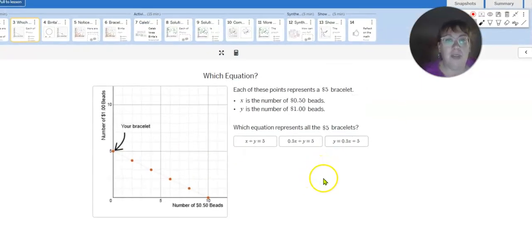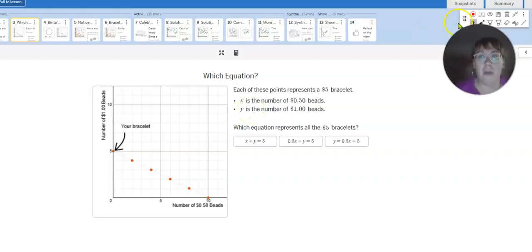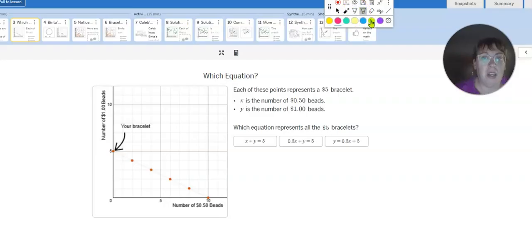It says each of these points represents a $5 bracelet. X is the number of black beads, Y is the number of basketball beads. Which equation represents this bracelet? So we see our y-intercept here is at 5, right?